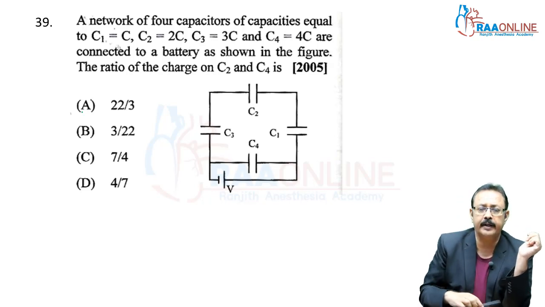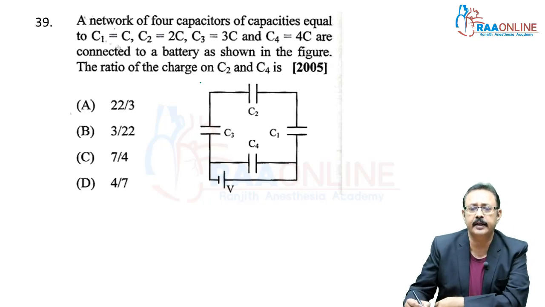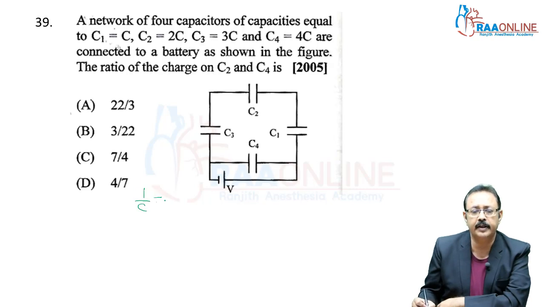So if I make these 3 into one capacitor, what capacity will I get? 1 upon C dash is equal to 1 upon C, 1 upon 2C, 1 upon 3C.